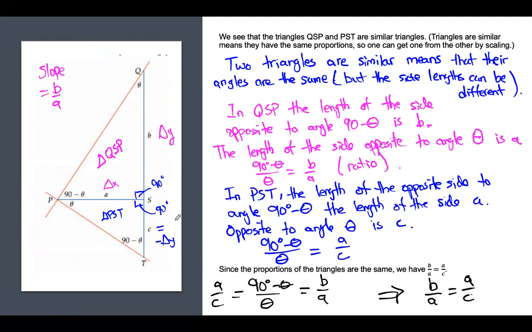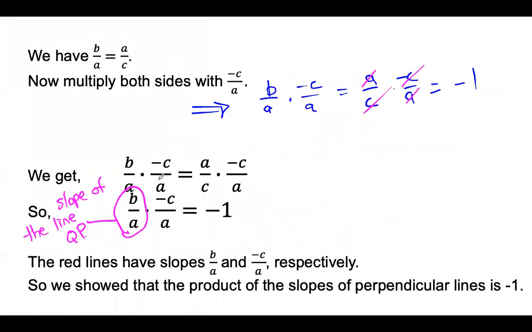And the run is still A. So the slope here is going to be -C over A, just because you're going down instead of up. This negative C over A is essentially the slope of the line PT.